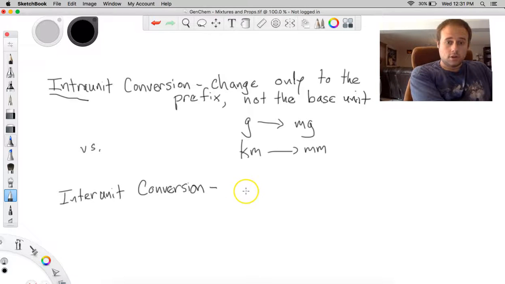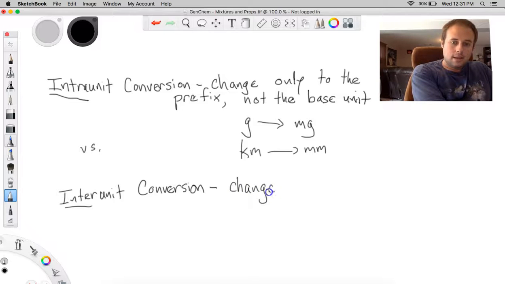Inter-unit conversion, meaning between units. So now, it's not so much the prefix I'm worried about, I'm looking for a change between base units.